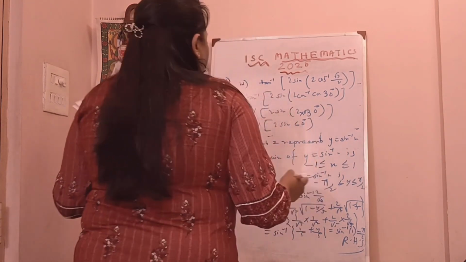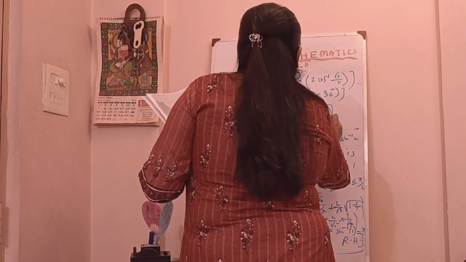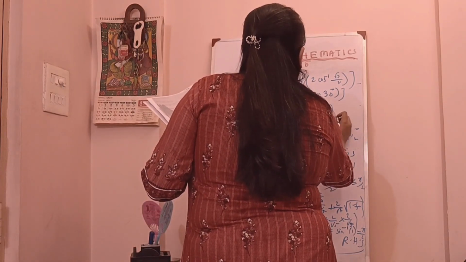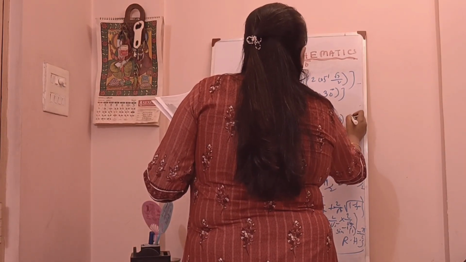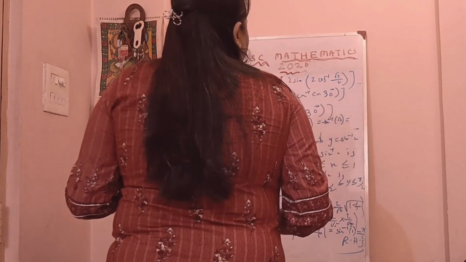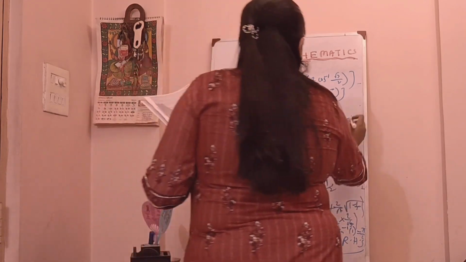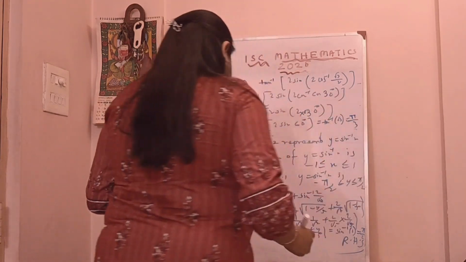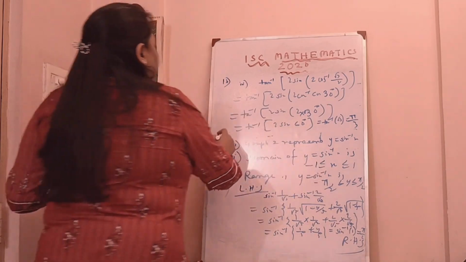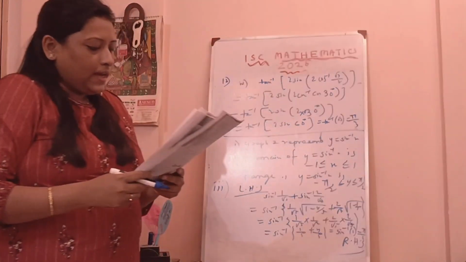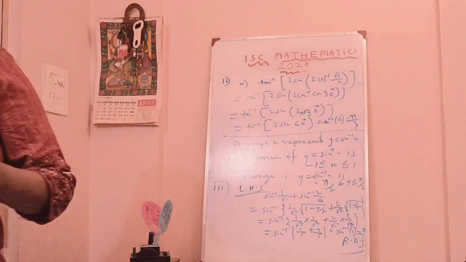Sine 60 degree is root 3 by 2, so 2 times root 3 by 2 is root 3. Tan inverse root 3 is pi by 3. So the answer is pi by 3. Okay, the fourth part is done.